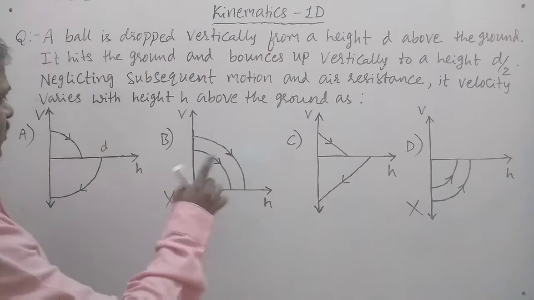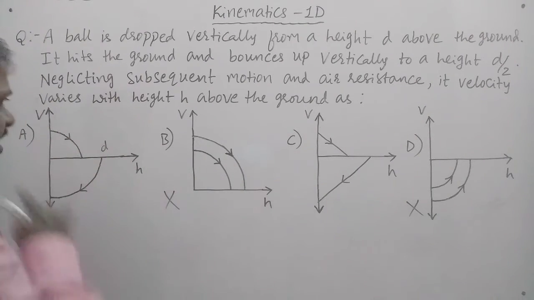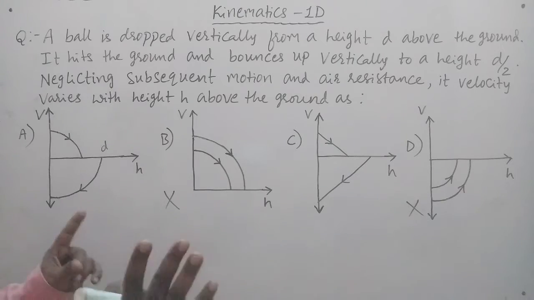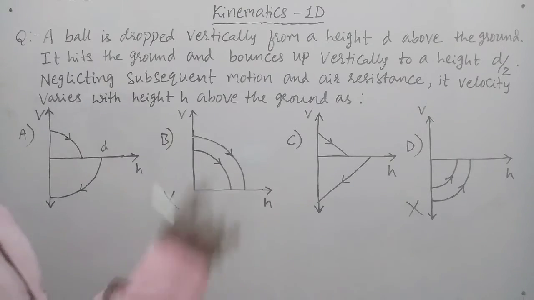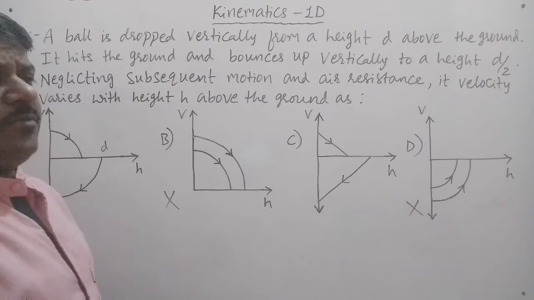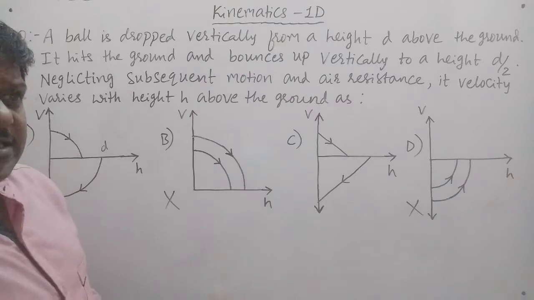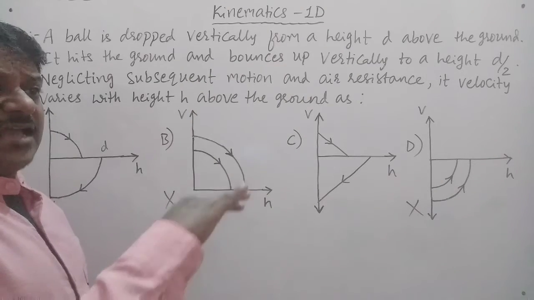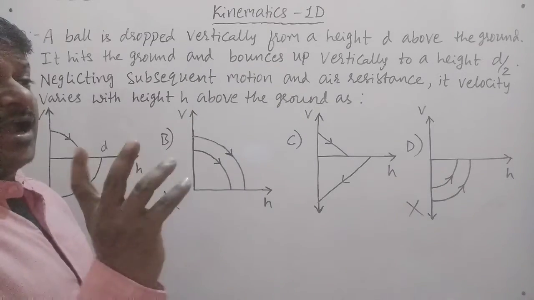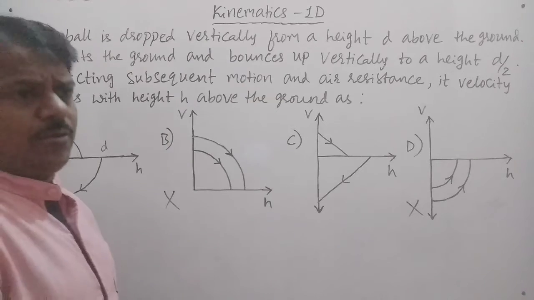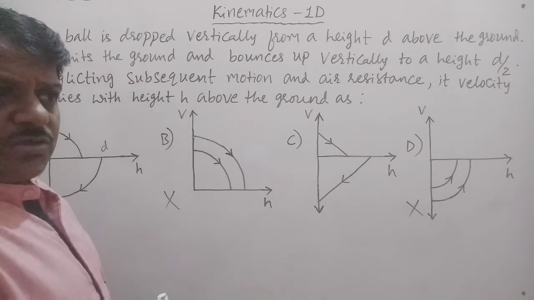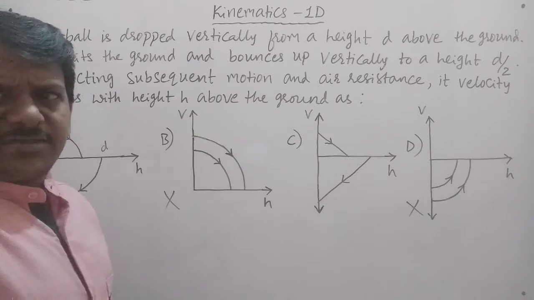Next, which one is correct, C or A? When it is coming down, velocity increases, that is acceleration produced under gravity. So it is uniform acceleration.